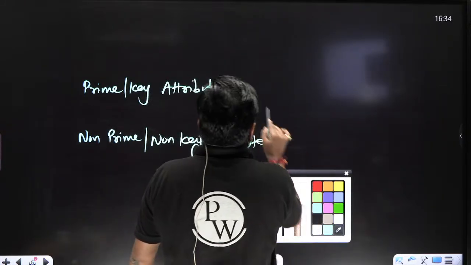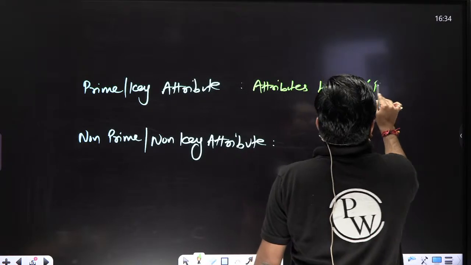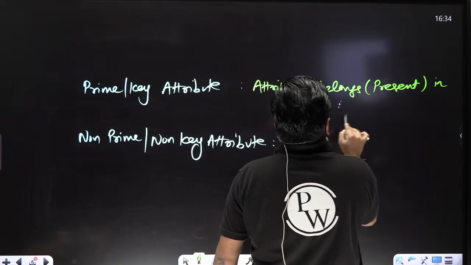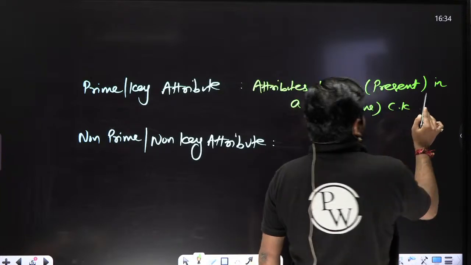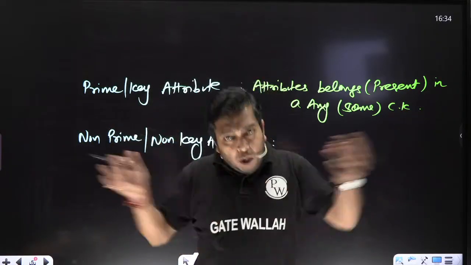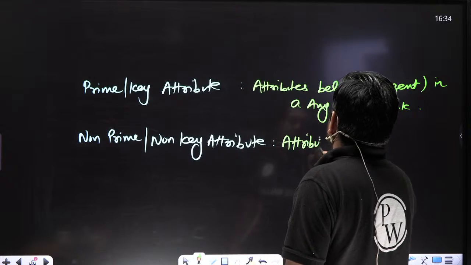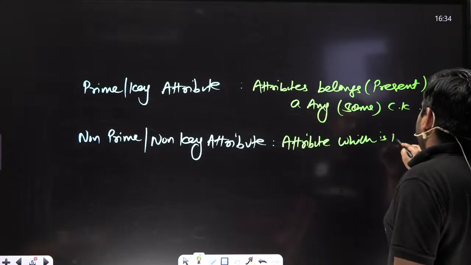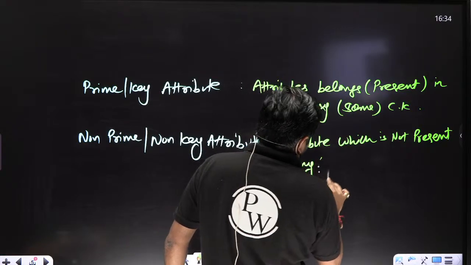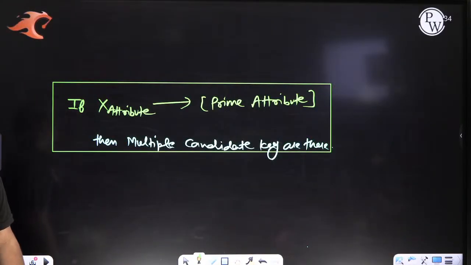A non-prime or non-key attribute is an attribute which is not present in any candidate key.